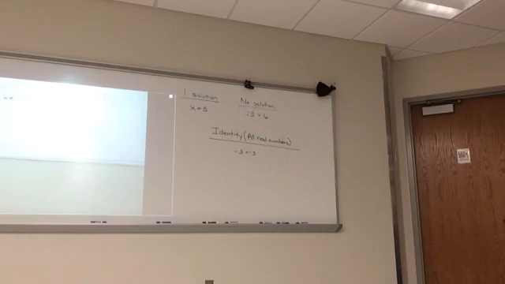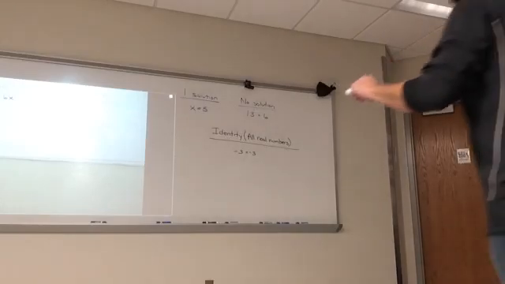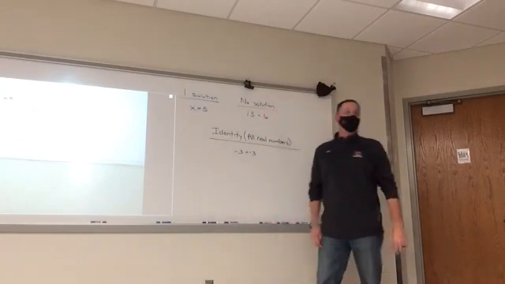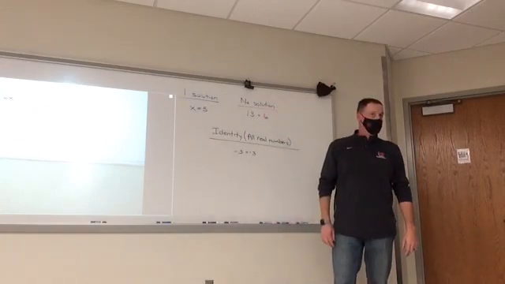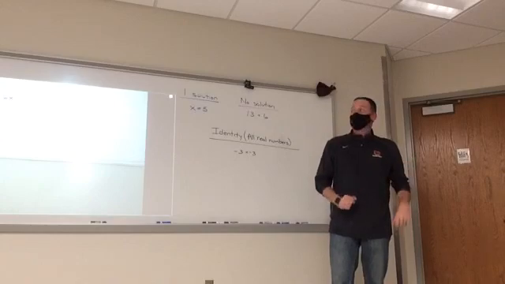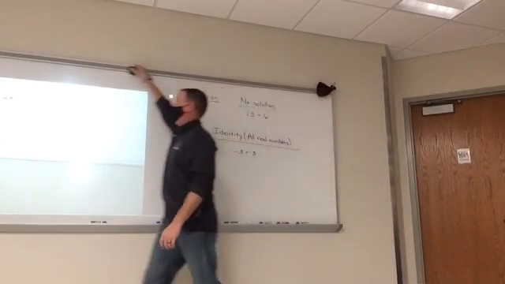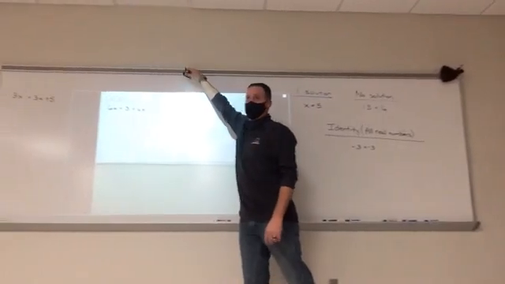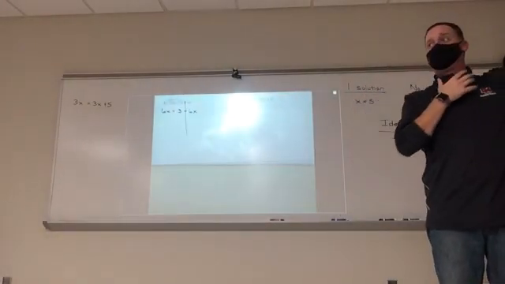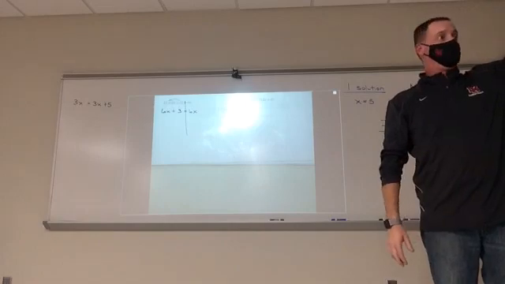No. Okay? So, the next thing that I would do is I'm not going to worry about moving the 3, but I am instead going to gather together my variables. Okay? Now, let's think a little bit ahead. Which side would make the most sense for me to get my variables on? The left or the right? Right. The right. Because my numbers, my constants, are already on the left.